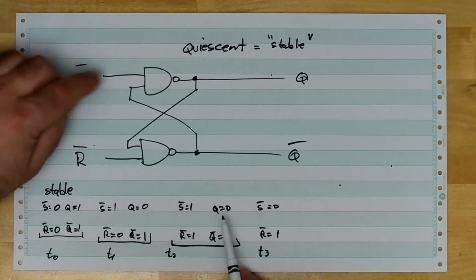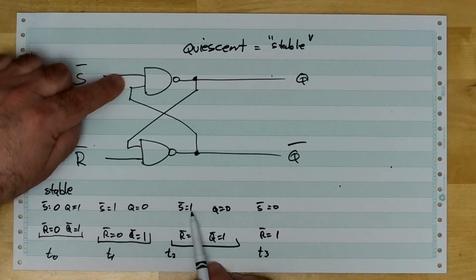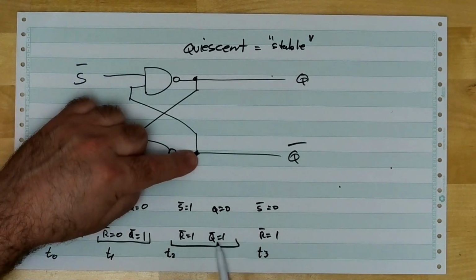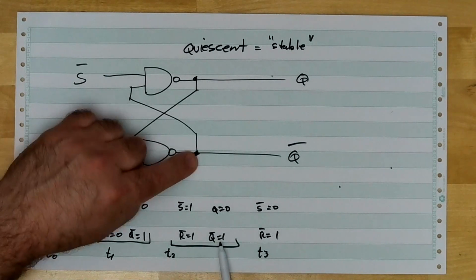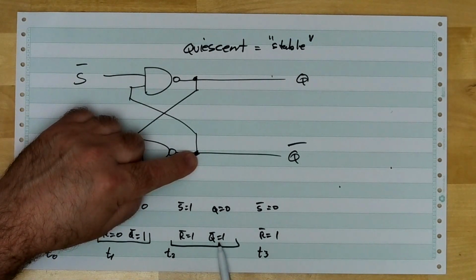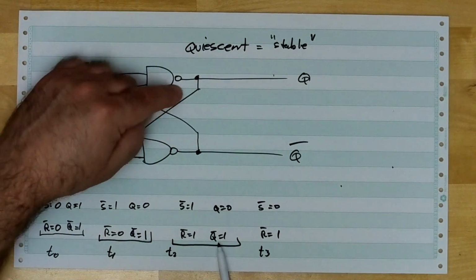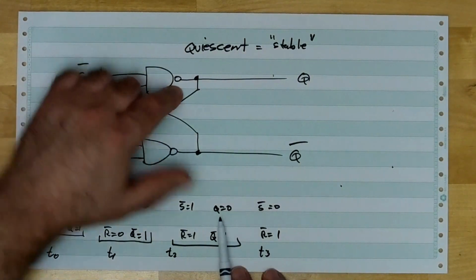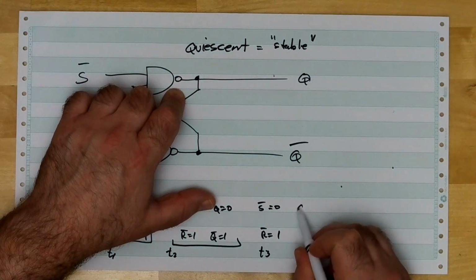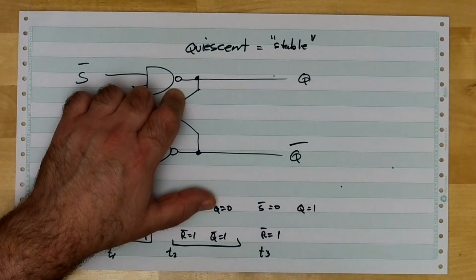Well, S bar was a 1, and it's NANDed with Q bar, which was a 1. So we have a 0 NANDed with a 1, which must be 1. So what happens here is Q must then change to a 1.